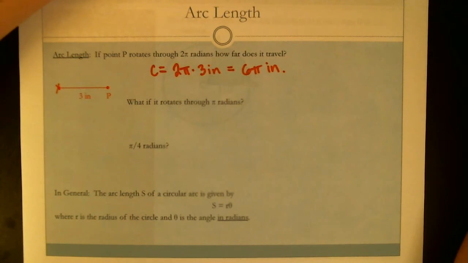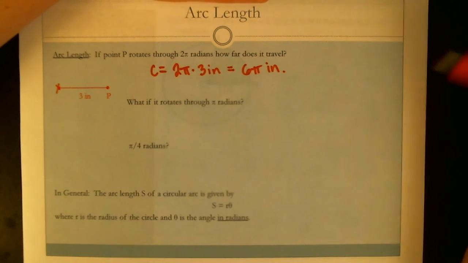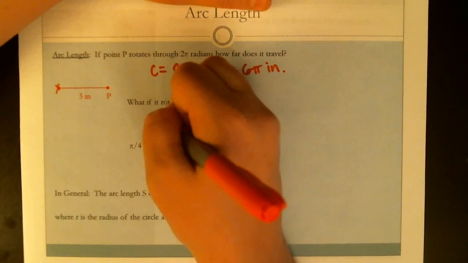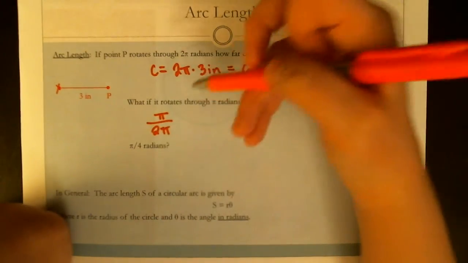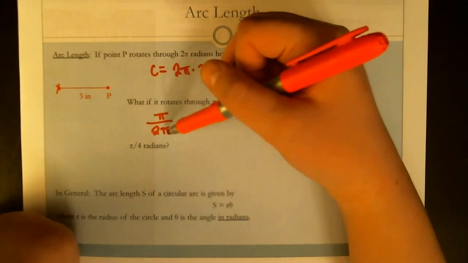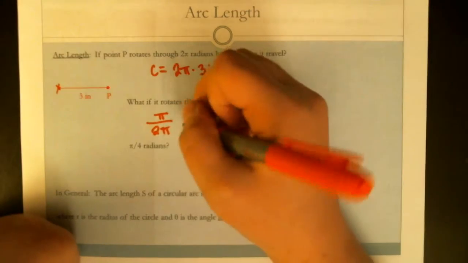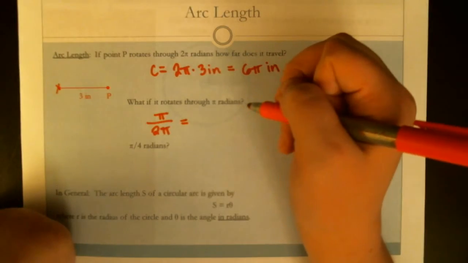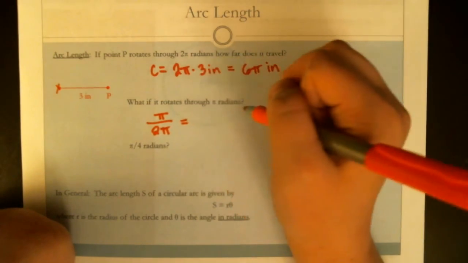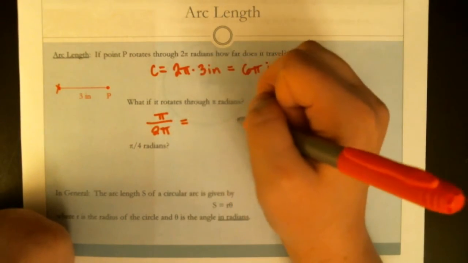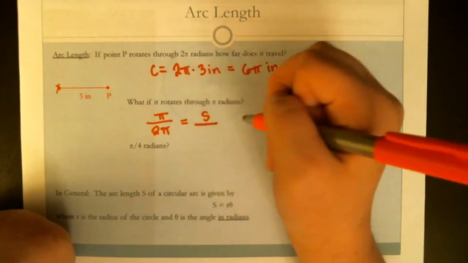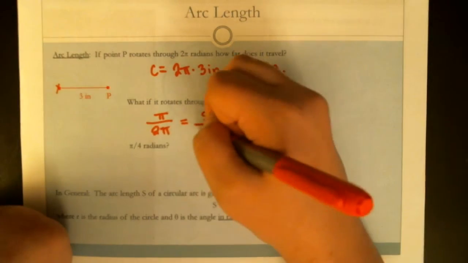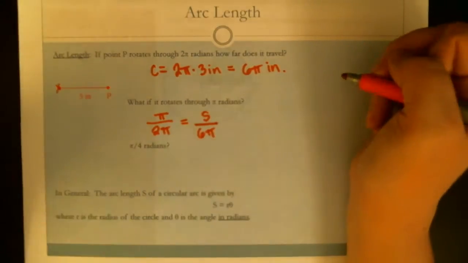The way to do that a little more formally is to say pi radians out of 2 pi radians. So this would tell you what fraction of the full rotation you've got, which should be proportional to, I'm trying to decide what to call it, let's call it S, I think is what I call it later, the arc length divided by 6 pi inches.